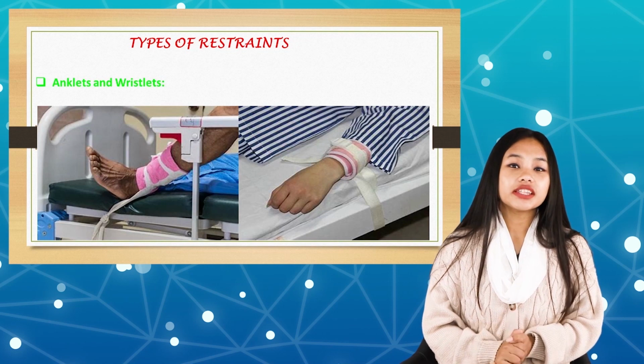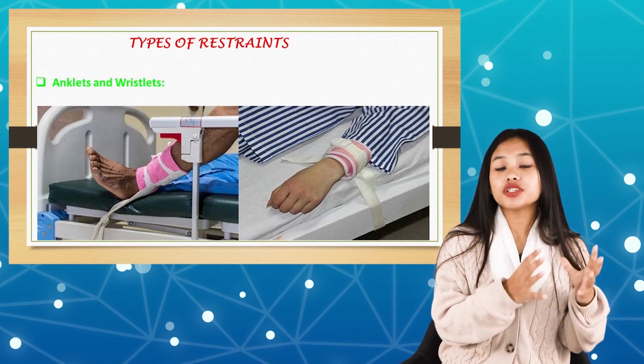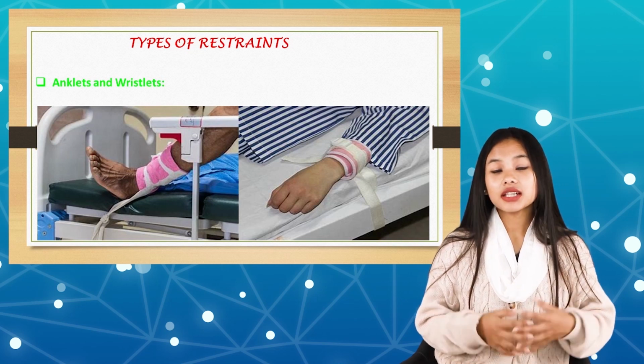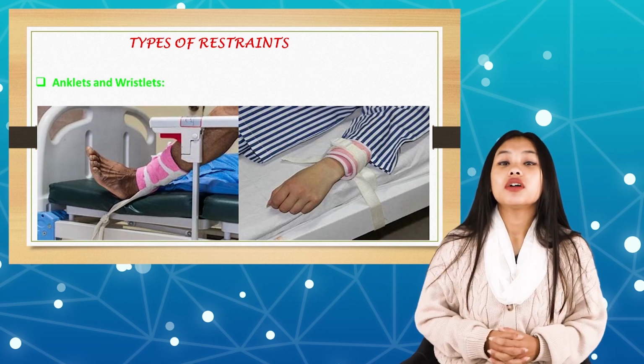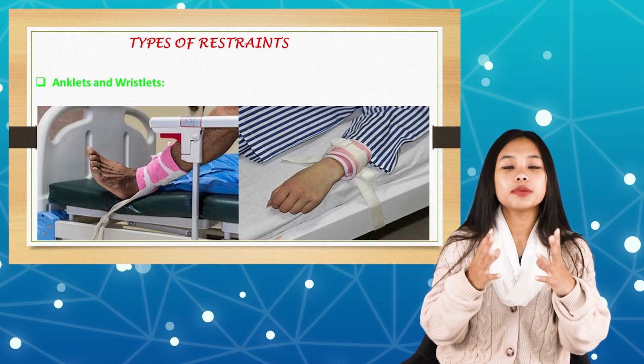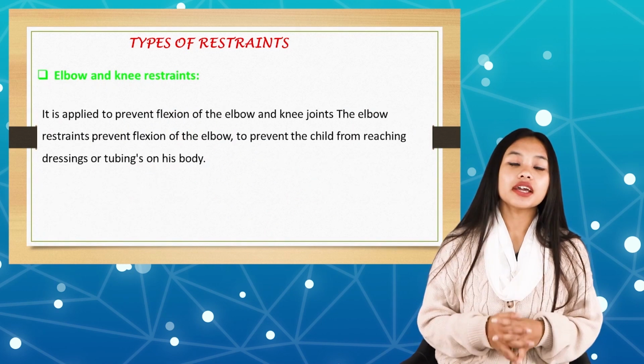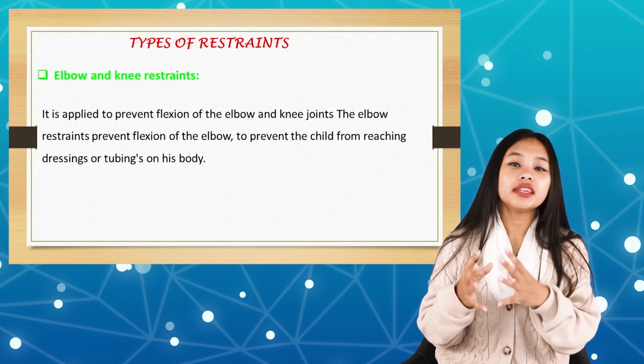So as you can see in the picture, the anklet restraints are the ones we provide on the ankle, as well as the wristlet restraints are the ones we provide on the wrist of the individual.